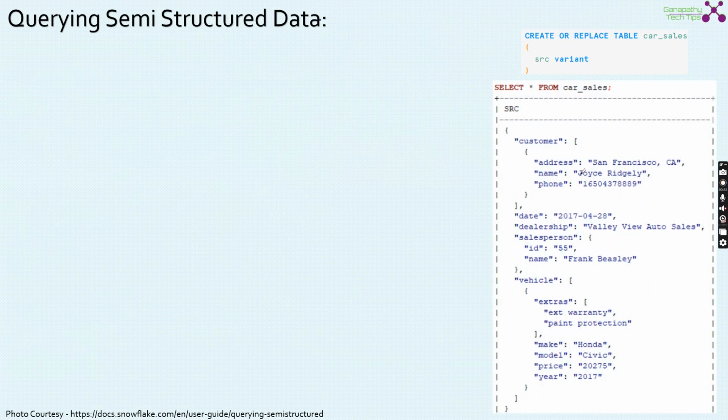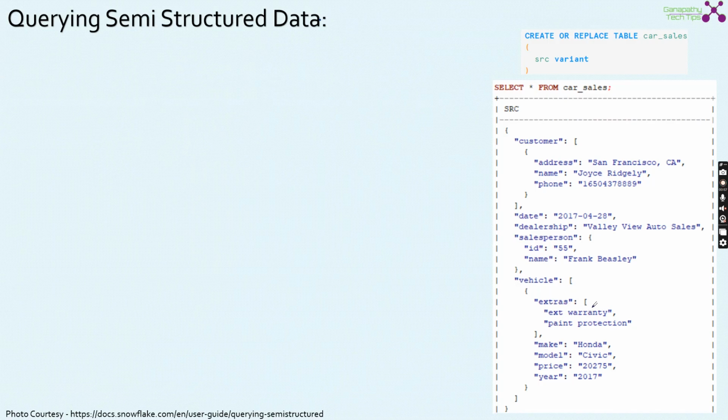This is my data. This is typical semi-structured data. It starts with the customer. Within the customer you are having an array, and then within that array you will be having the address field, name field, phone field. That array got completed, and then there is a date, and then there is a dealership, then there is a salesperson, which is the dictionary which contains the ID and name, and then there is a vehicle which contains an array.